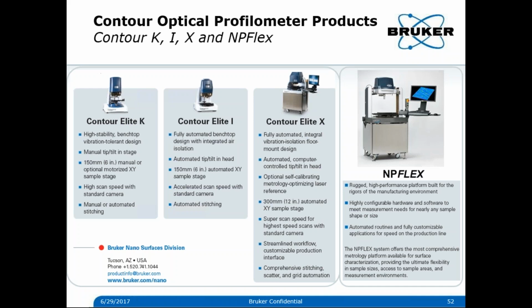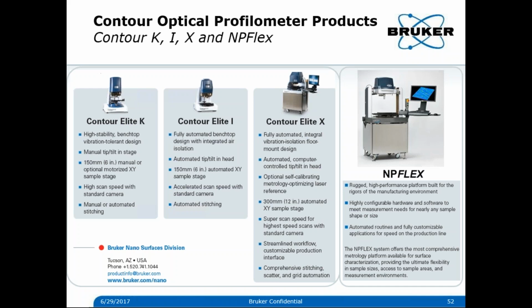And for this, Bruker will be announcing promotions for every Contour Elite. The promotion will start, and should be announced very soon, until October. So for every Contour Elite K, it will come with a free copy of the Vision64 Map basic software.